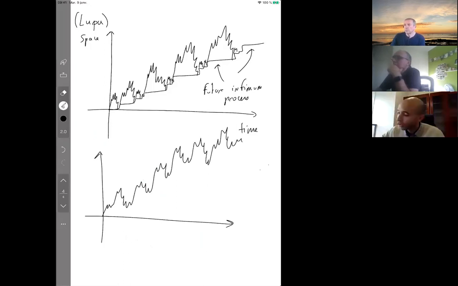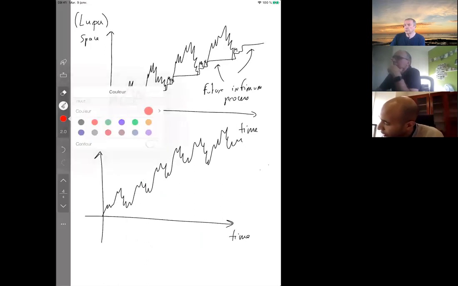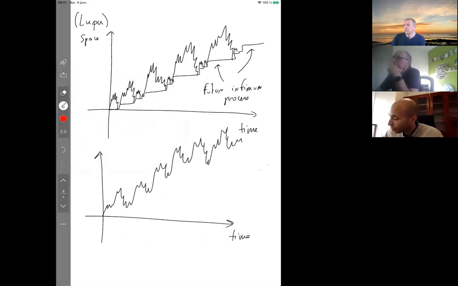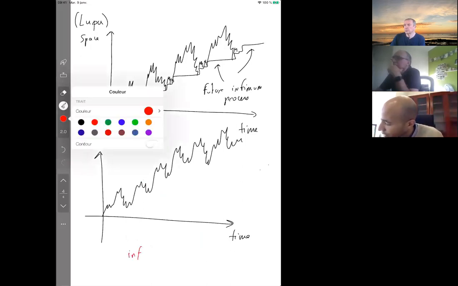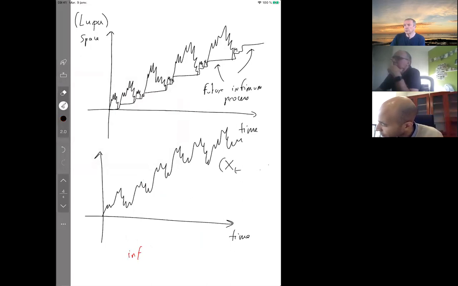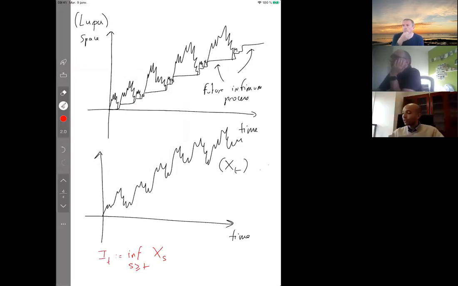Now the future infimum is just the infimum, if my process is X, the future infimum is just the infimum of my process after the current time. Yes, something like this.